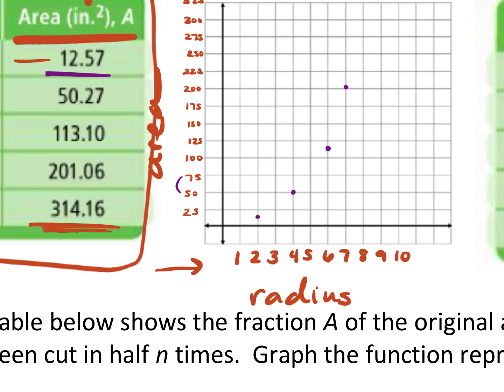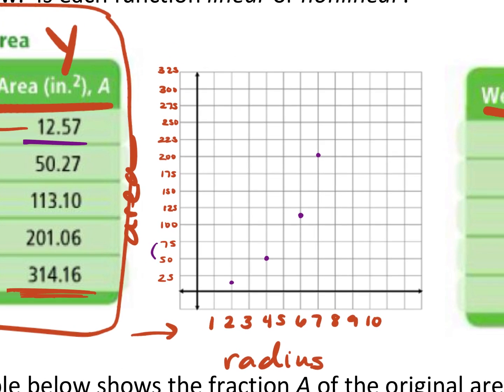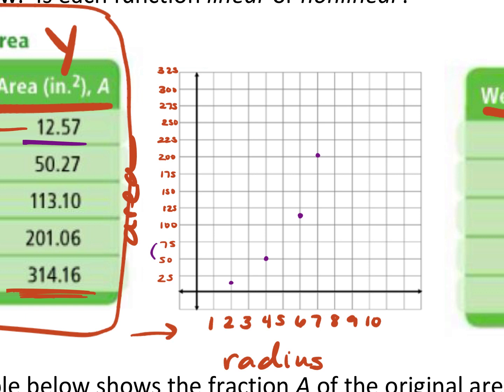And then your last one, 10, 314. So 10, oh shoot, I messed up my 8. Hold on. And then 10, 314 will be around here.